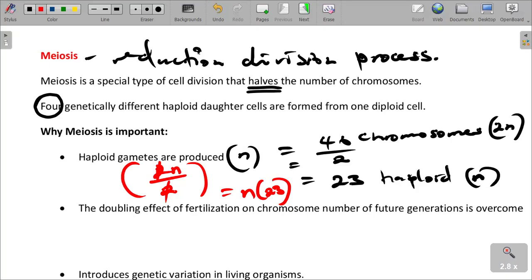For example, if we have got MM as the total number of chromosomes, and it halves this MM, it is going to give us M. The total number of chromosomes in the cell was MM before meiosis, and after meiosis we have got half, which is M.